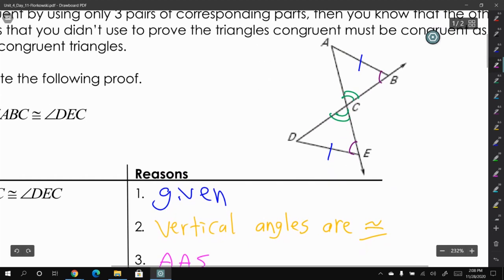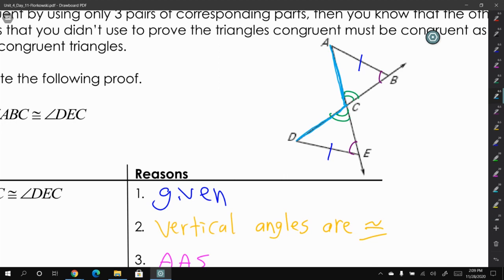Well, here's DC, and here's segment AC. Those 2 sides were not part of any of the thought process to prove that these 2 triangles are congruent. But if these 2 triangles are congruent, that means their corresponding sides and angles are congruent.